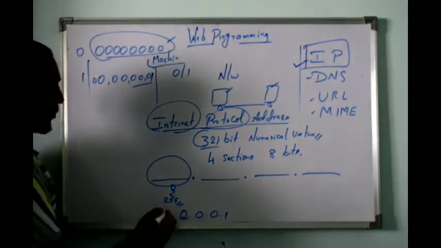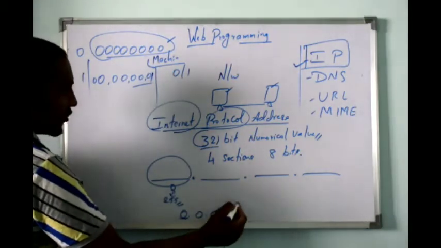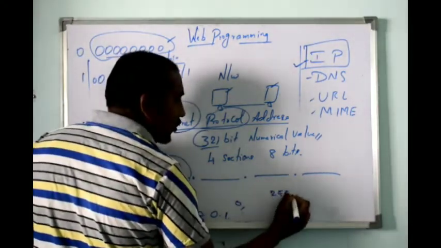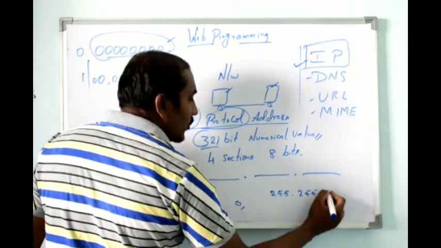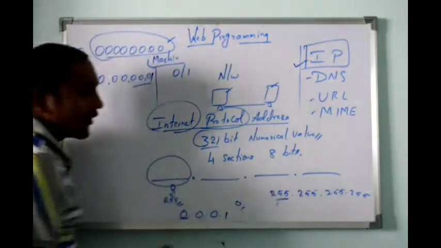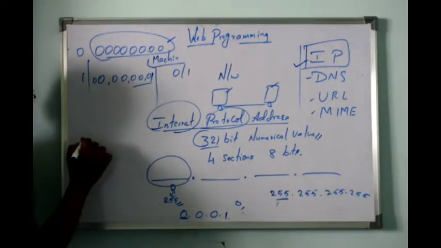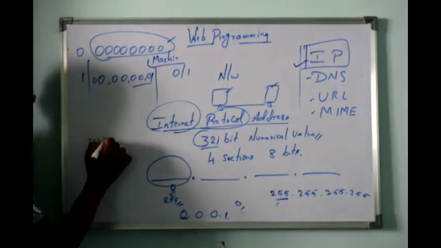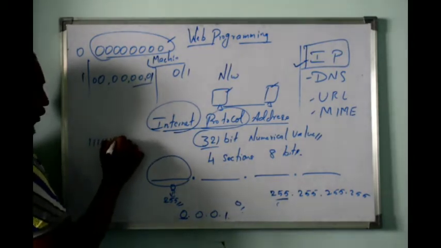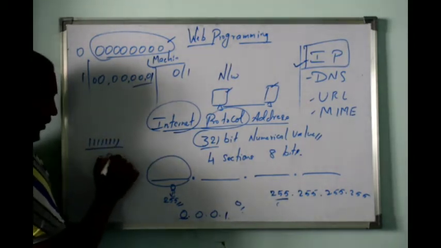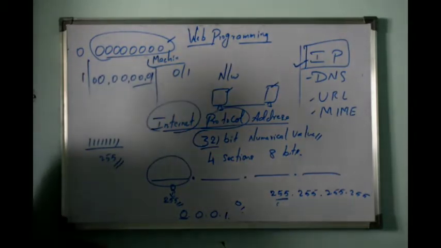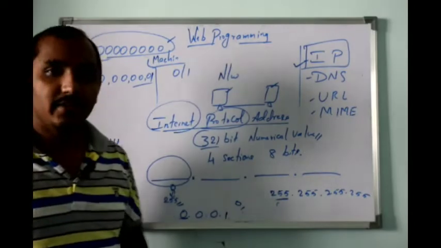Like that you can represent a value from 0 to 255. Like I can write 255.255.255.255, where a single 255 is represented by 8 ones, 11111111. This represents the number 255. This type of representation is considered an IP address.